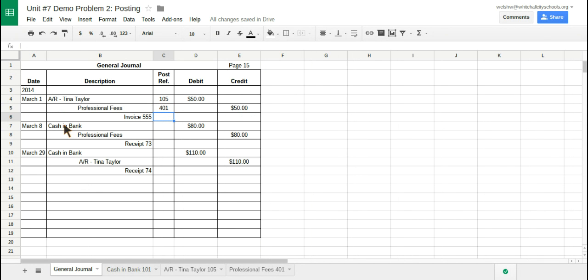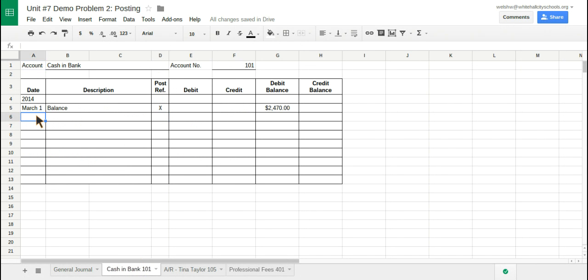So now March 8th, cash and bank was a debit of 80. So we go to cash and bank, March 8th, from G15, we had a debit of 80. So again, debit and a debit, so we add previous balance plus our new transaction.